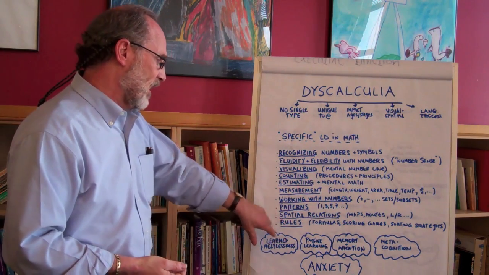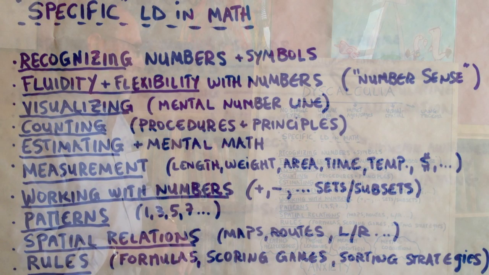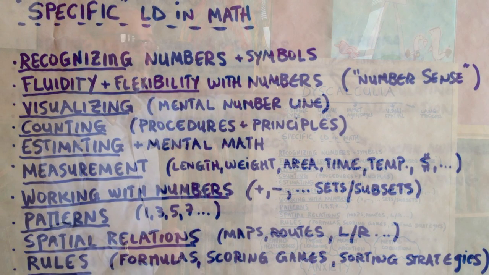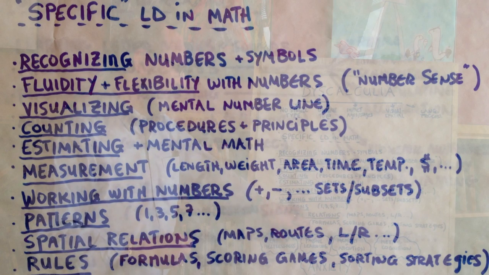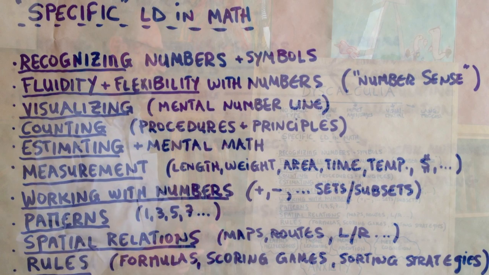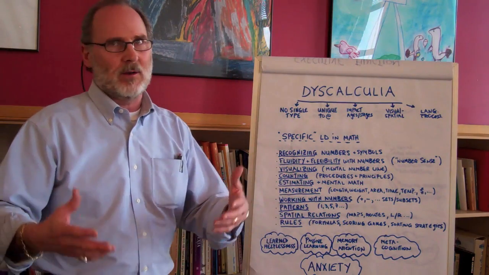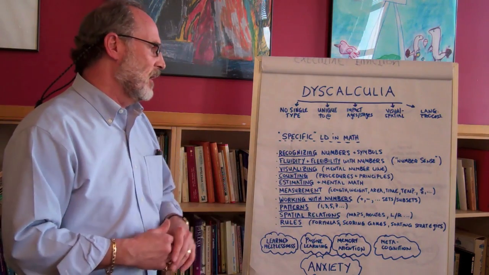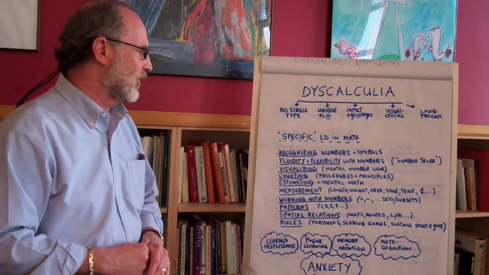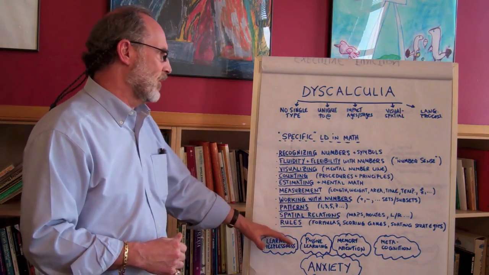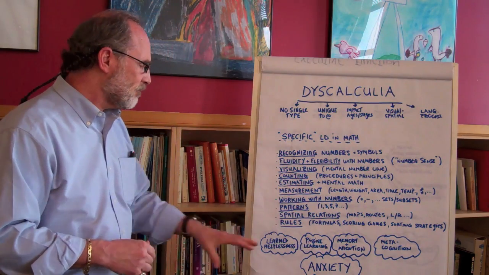And then certainly up through the middle school and high school grades, very often it's difficult for these students with dyscalculia, learning disabilities in math, to follow formulas. Very often they have difficulty scoring games. A bowling alley, how do you figure out how to score bowling? Even sorting strategies if you have to organize things in a particular way. These are the kinds of things that we look for when we talk about learning disabilities in math.